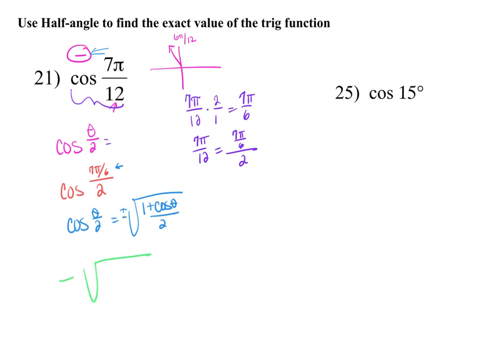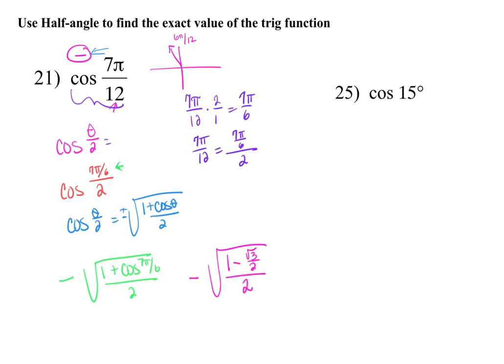So negative square root of 1 plus cosine of theta, where theta here is 7 pi over 6, so cosine of 7 pi over 6, over 2. The cosine of 7 pi over 6 is negative square root of 3 over 2, because that one is in the third quadrant. So we have 1 minus the square root of 3 over 2, all over 2.